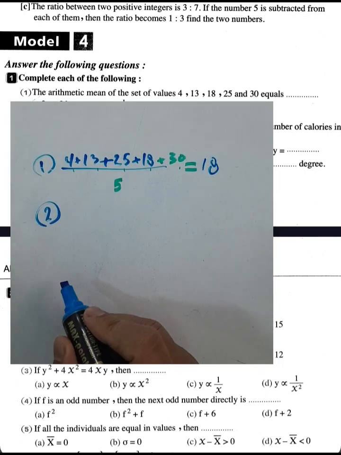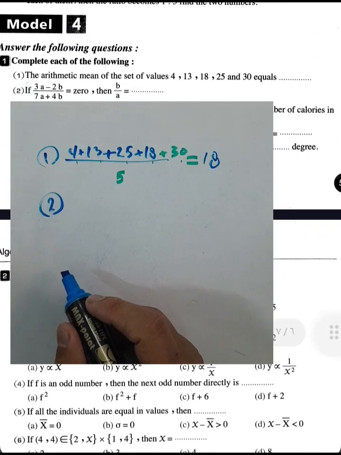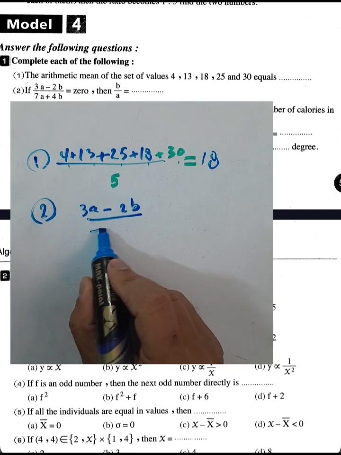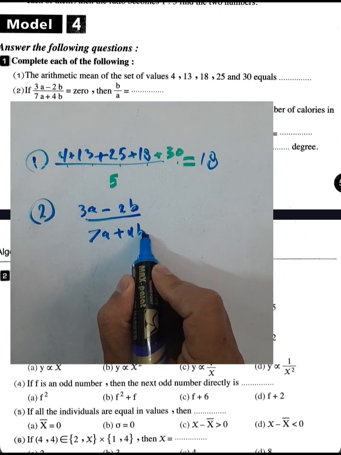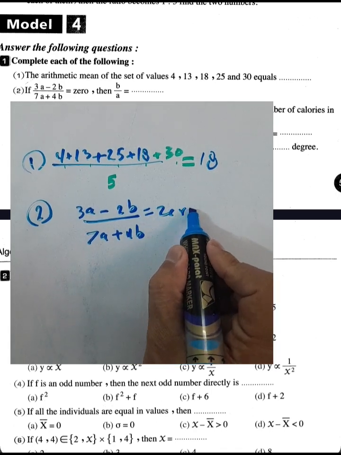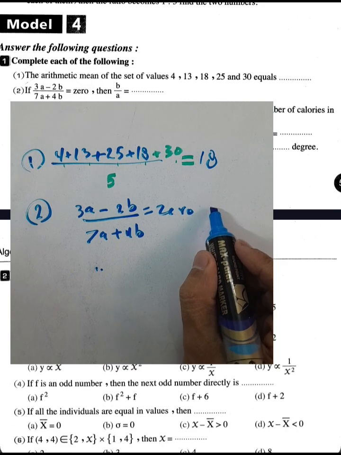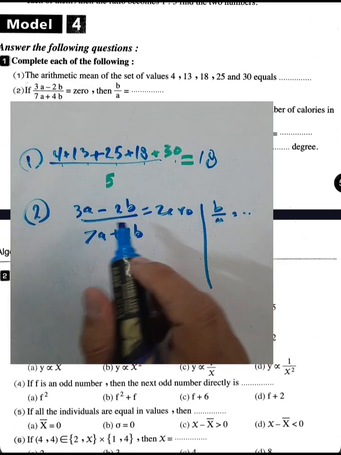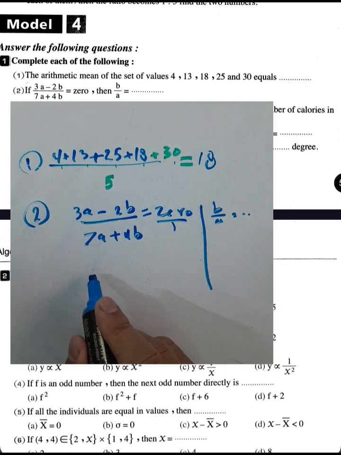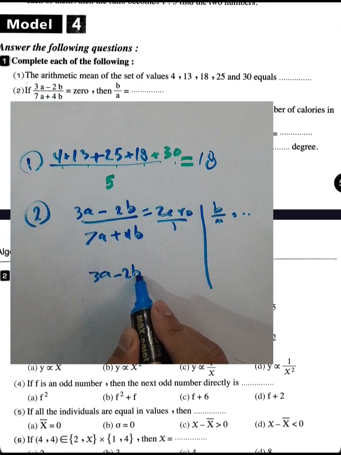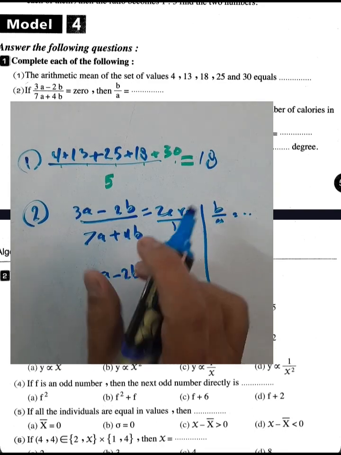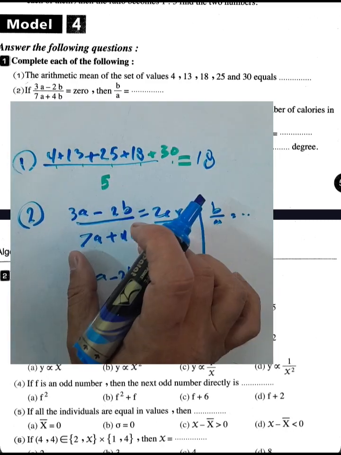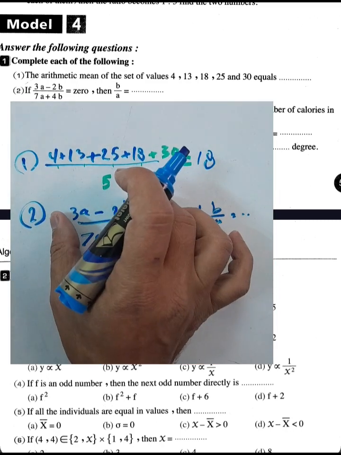Question number 2. If (3a minus 2b) over (7a plus 4b) equals 0, find the value of b over a. We can use the property that the product of extremes equals the product of means, or the numerator will be equal to 0, because 0 divided by any number equals 0.